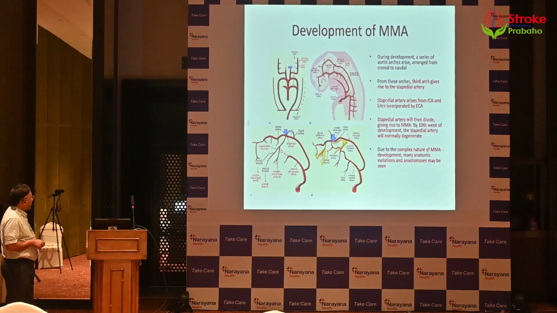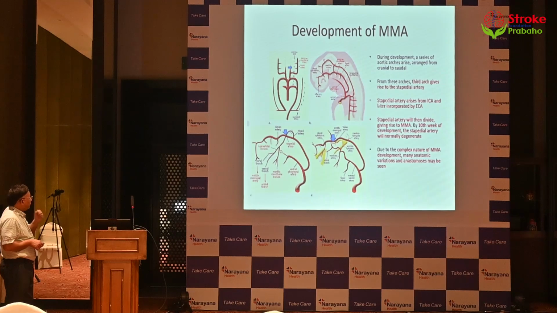At the 10th week of development, this stapedial artery degenerates, and ultimately gives rise to the middle meningeal artery, and it becomes part of the external carotid system. So initially it was part of the internal carotid system, and then it becomes part of the external carotid system. That's why there are a lot of collaterals between the ICA and ECA through the middle meningeal artery.